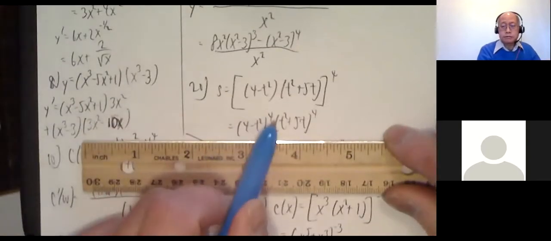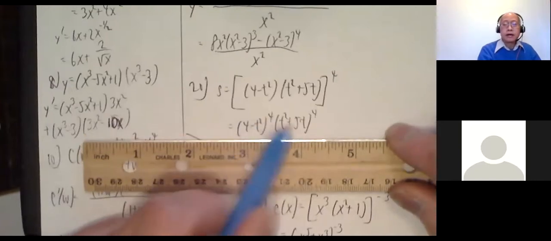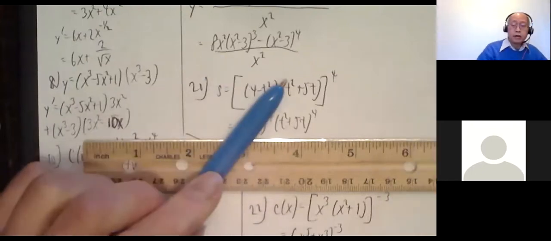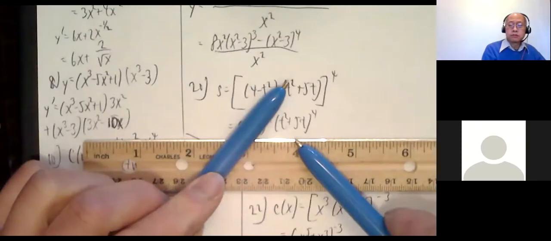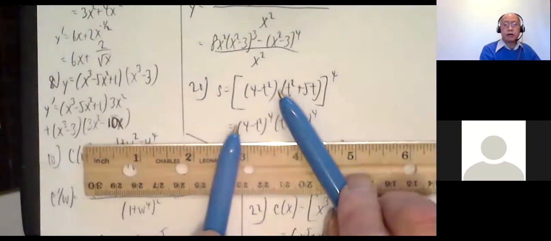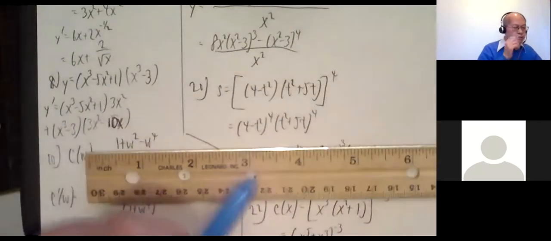It's a product. So it's going to be a product rule, but a chain rule inside each, right? Because somewhere you have to differentiate that product, chain rule, and then somewhere you have to differentiate that, also a chain rule. Okay, so here we go.